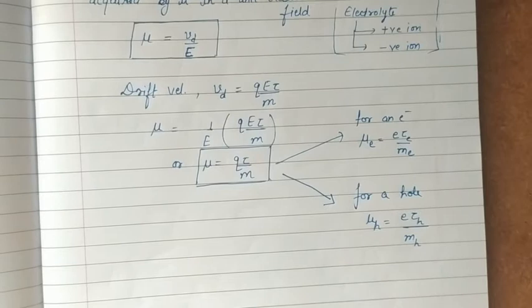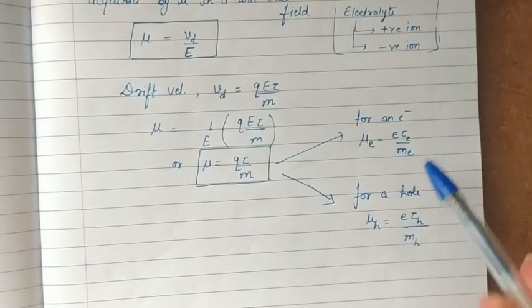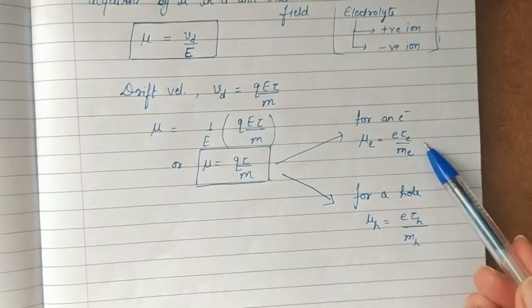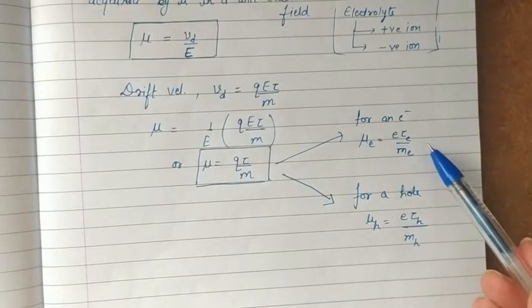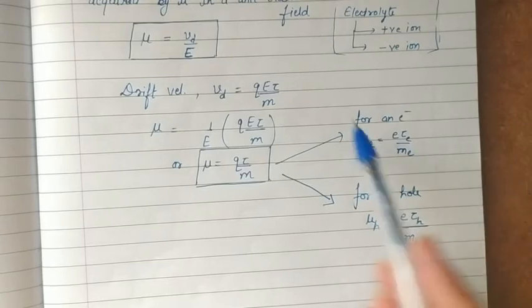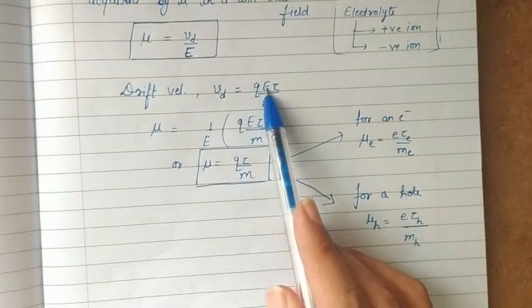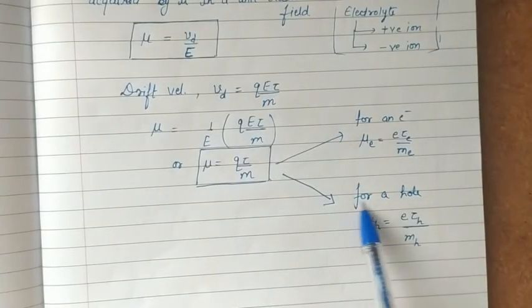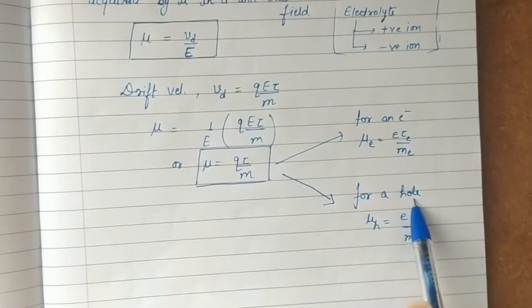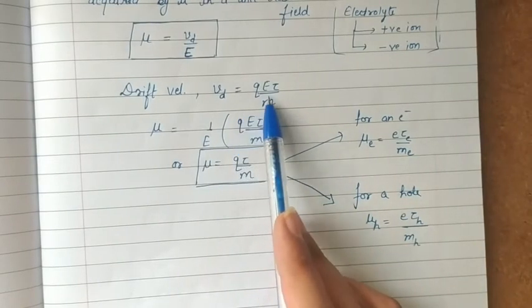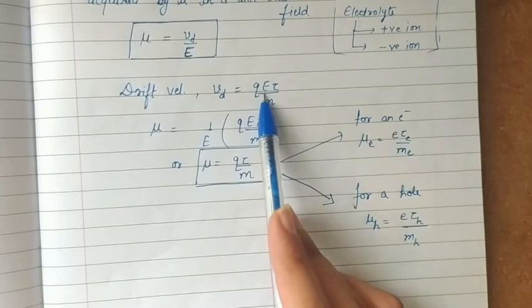If we talk about the direction of drift velocity, in case of an electron, the drift velocity attained by the electron is opposite to the applied field, while in case of a hole, the drift velocity attained by the hole is in the direction of the applied field.